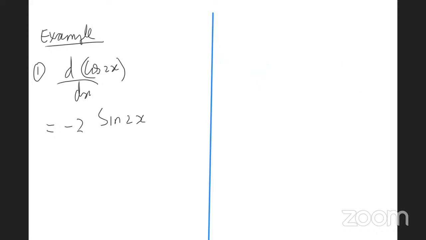Method 2. Method two is where we're going to use chain rule.